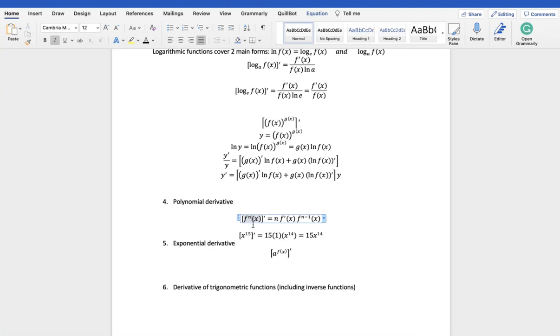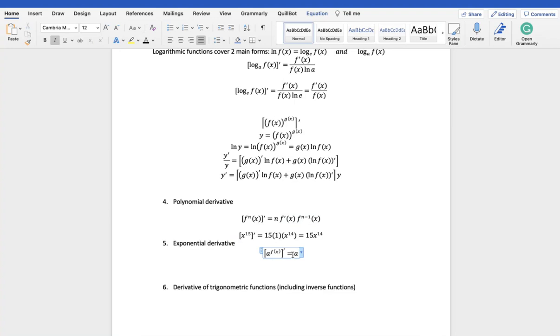So now instead of having the function raised to some constant n, now we have a constant raised to some function f of x.